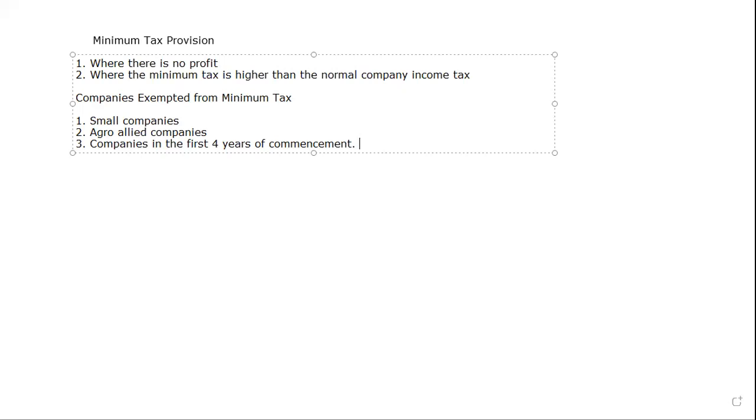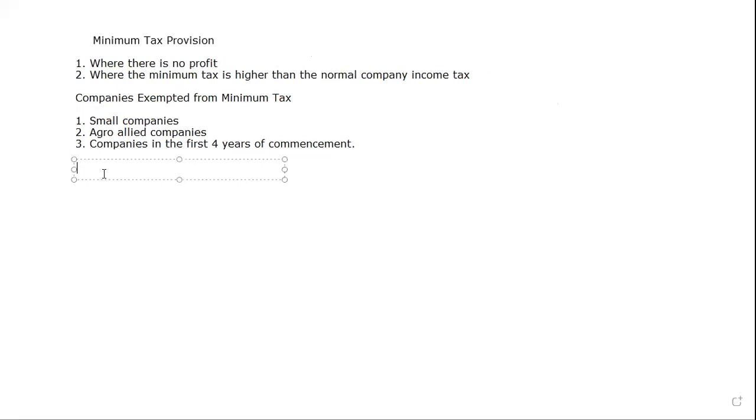The first is where there's no total profit, or where the business operations result in a loss. You will still compute minimum tax regardless. The other is where the minimum tax is higher than the normal company income tax liability. All right, let's move on.